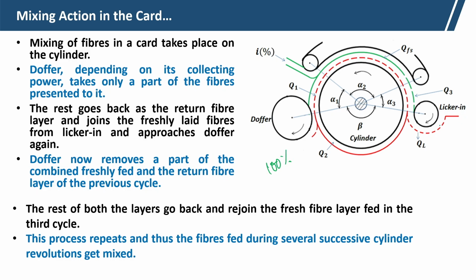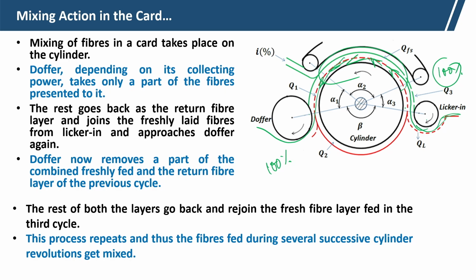Whatever fibers are coming, the cylinder to doffer transfer efficiency is 100%, the fibers are getting carded and the doffer is taking 100% of that.